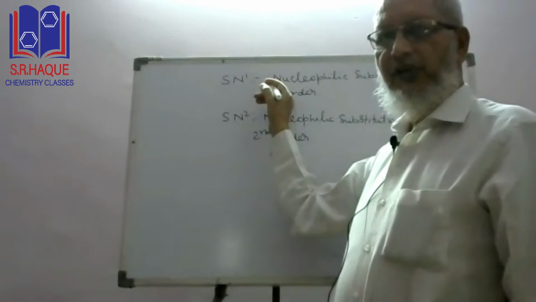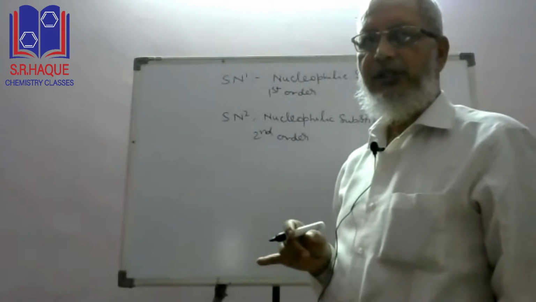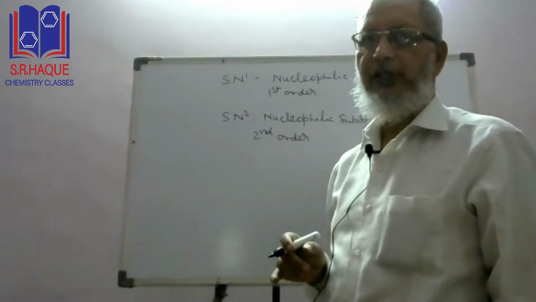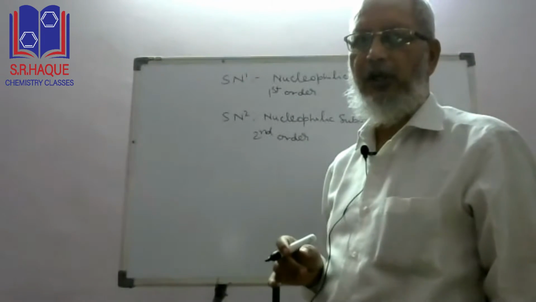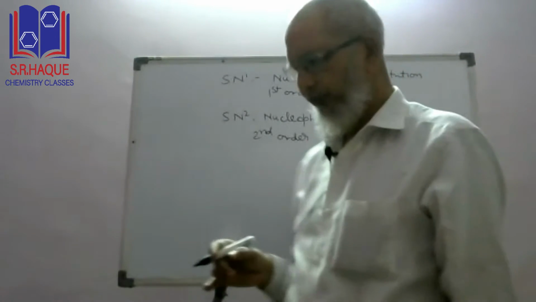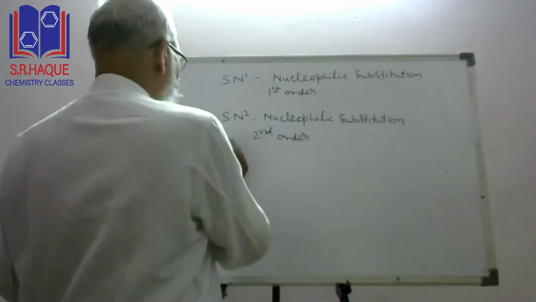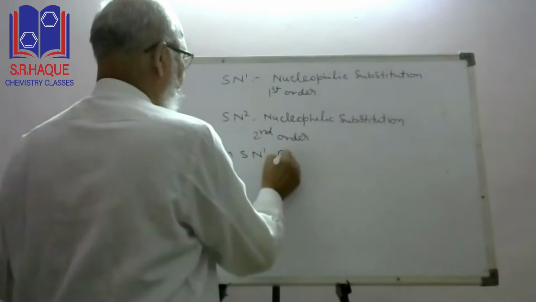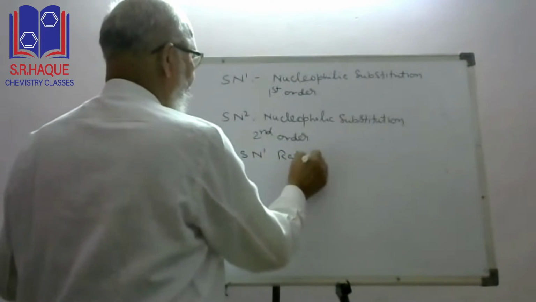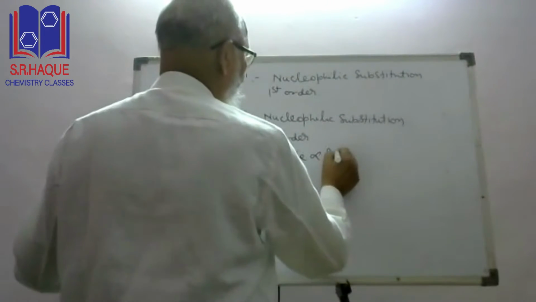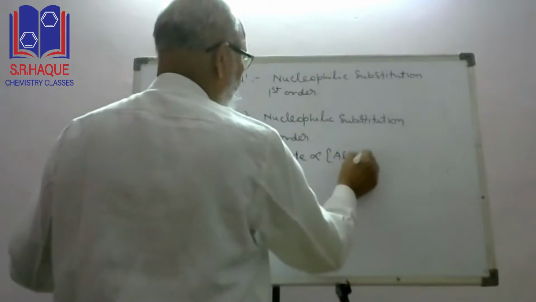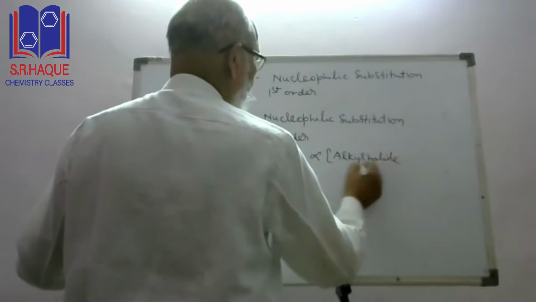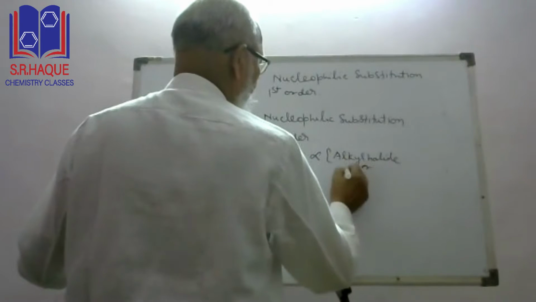Why is it called first order? This is because in case of SN1 reaction, the rate of reaction is directly proportional to concentration of substrate molecule only. In SN1, rate of reaction is directly proportional to concentration of alkyl halide or substrate.